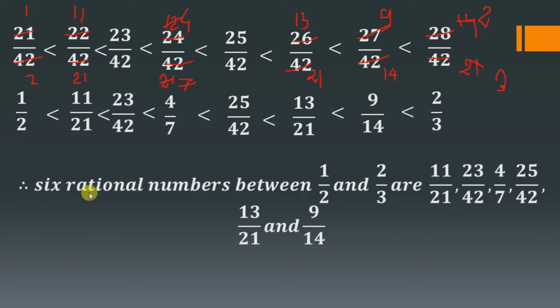So therefore 6 rational numbers between 1 by 2 and 2 by 3 are 11 by 21, 23 by 42, 4 by 7, 25 by 42, 13 by 21 and 9 by 14.